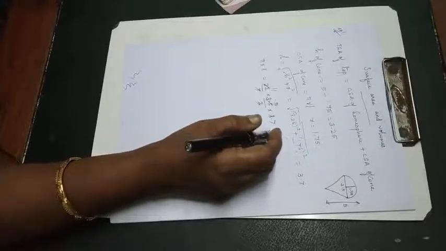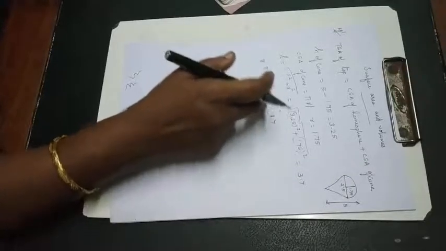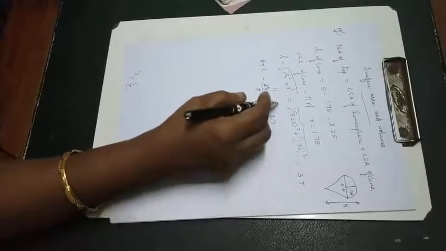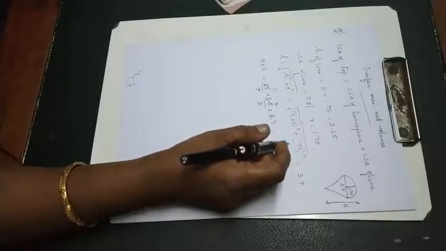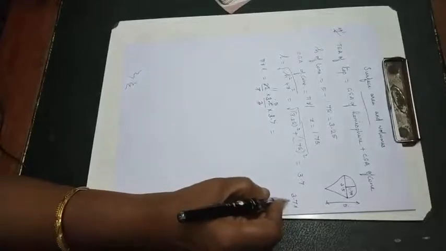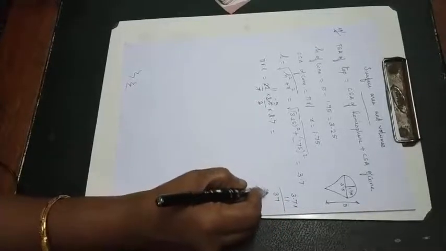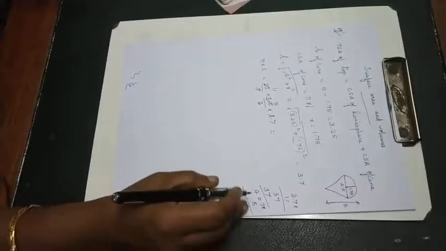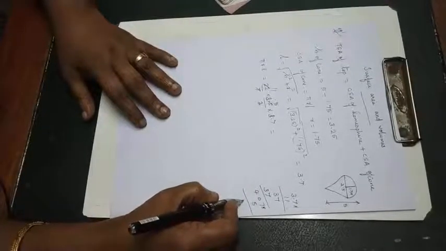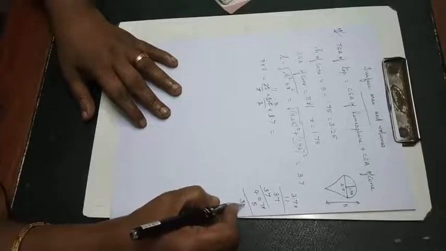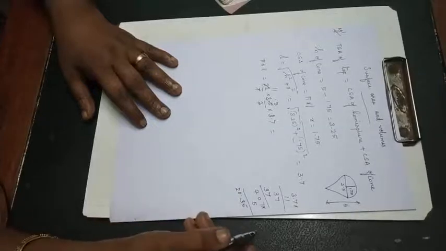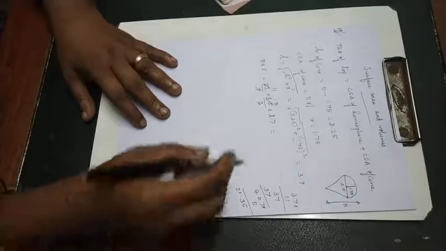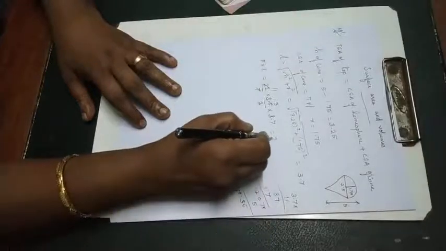Then 11 into 0.5 into 3.7, which is 20.35.